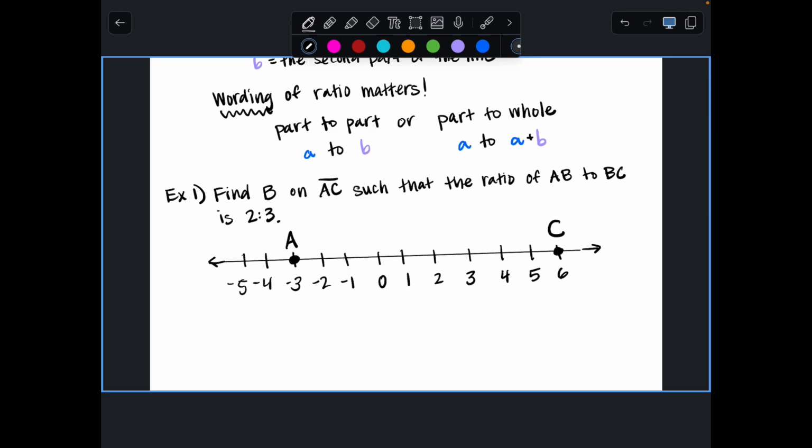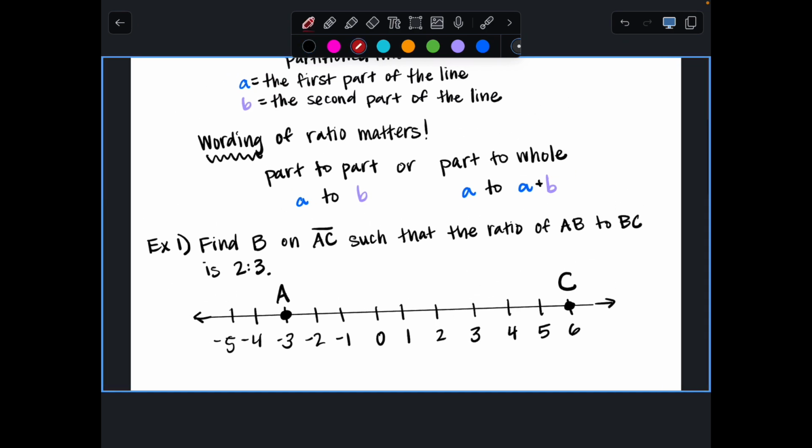Okay, so that is what's given to us. Here's our number line. We know where A and C are. It wants us to find B if the ratio of AB to BC is 2 to 3. So it's giving us a ratio of part to part, right? AB to BC would be part to part.